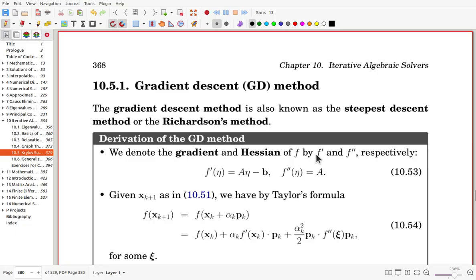Practically, this is the gradient of f and that is the Hessian, but we are using the notation prime and double prime. Now f prime of eta is A eta minus b, and f double prime must be the matrix A, the Hessian.